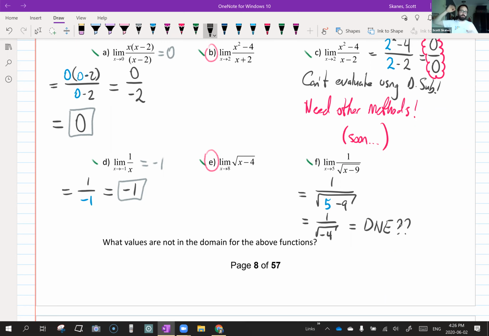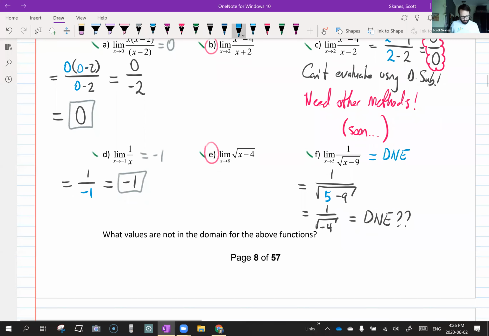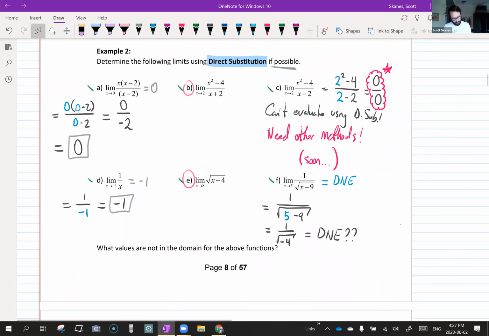So we just say it can't be evaluated with direct substitution. Maybe it could be evaluated some other way, but as far as we're concerned, it does not exist, at least not using direct substitution. I'm going to quickly do the extension down here. First of all, are there any questions on that? Or are we okay for now? Again, for F, you don't use imaginary numbers. If it can't be done in real numbers, then it doesn't exist.